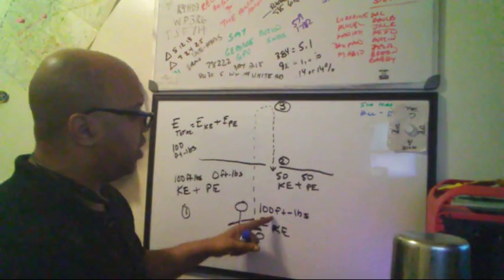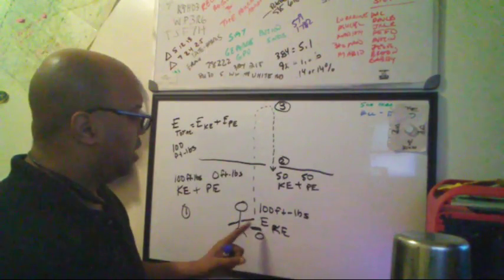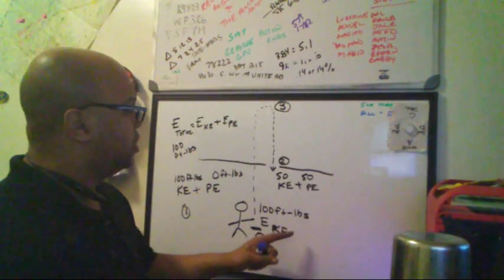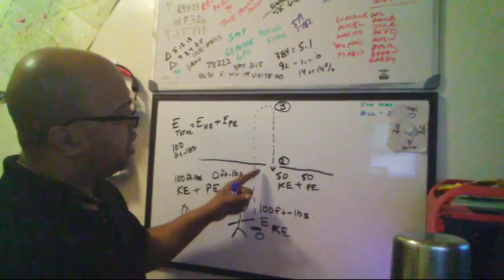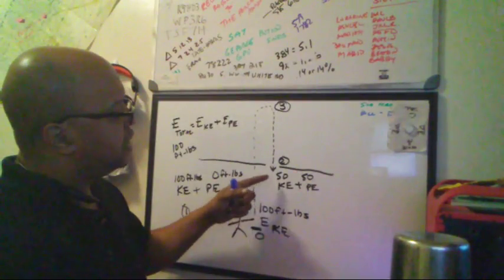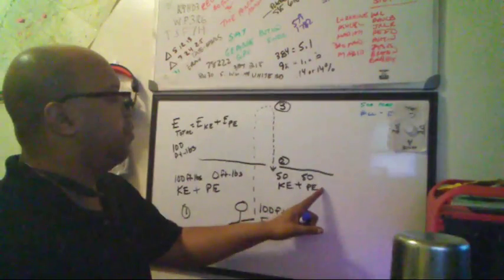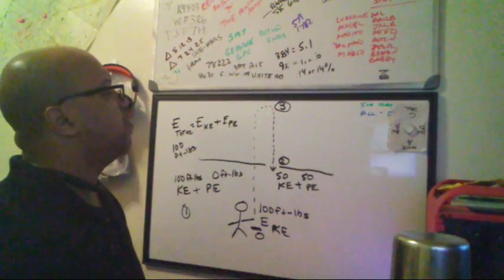We just had 100 foot-pounds of kinetic energy and 0 potential energy, but at the halfway point we have 50 foot-pounds of kinetic energy and 50 foot-pounds of potential energy.